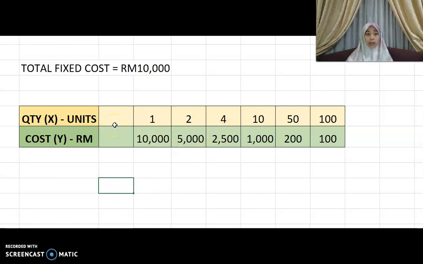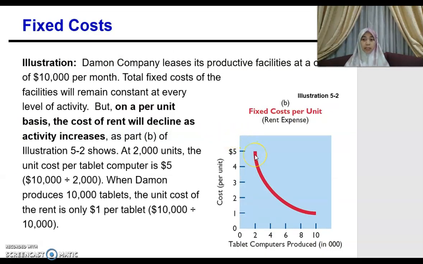What if you don't produce anything? That will be 10,000 divided by 0. Mathematically, that gives you infinity. That's why when you see the graph, it is asymptotic.